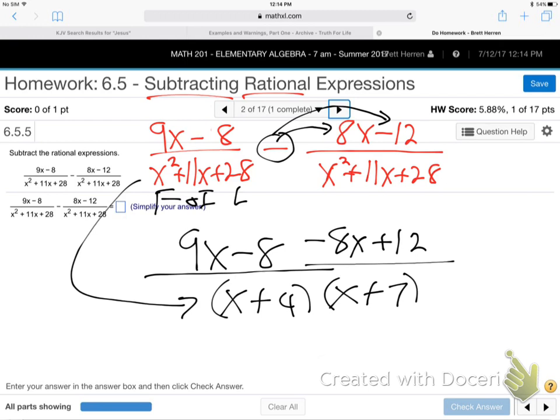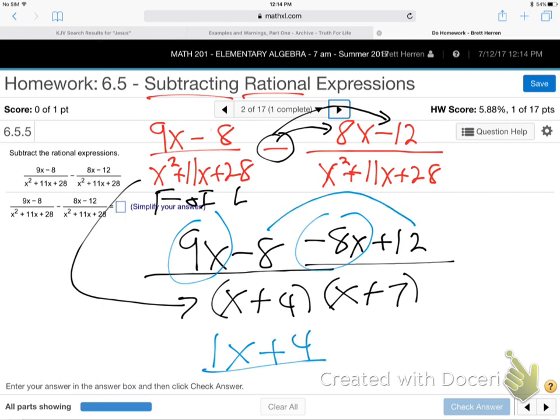Okay, so now 9x minus 8x is 1x. Minus 8 plus 12 is plus 4, over x plus 4, x plus 7. Good up to there?